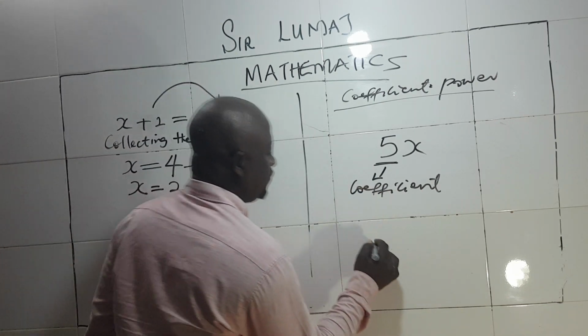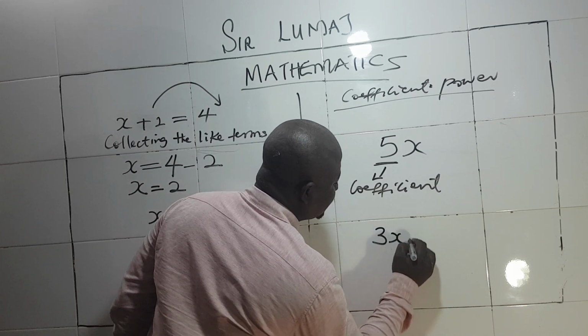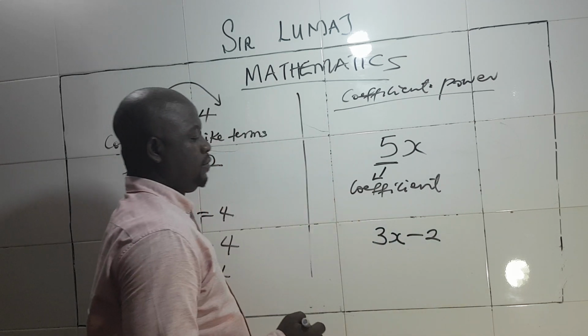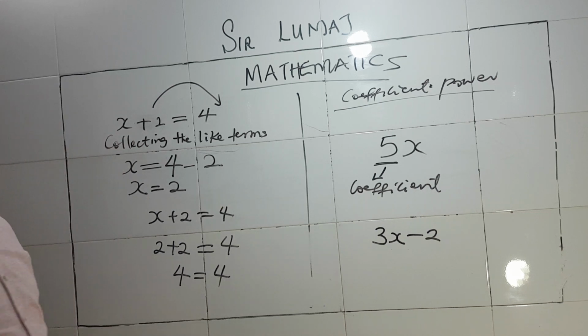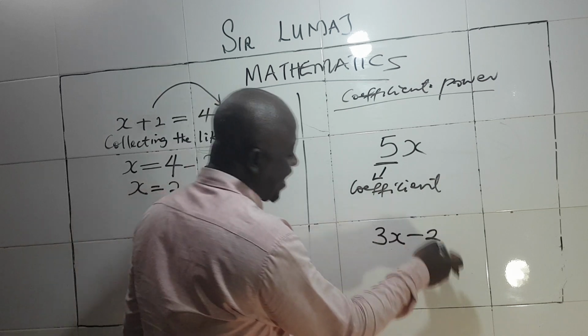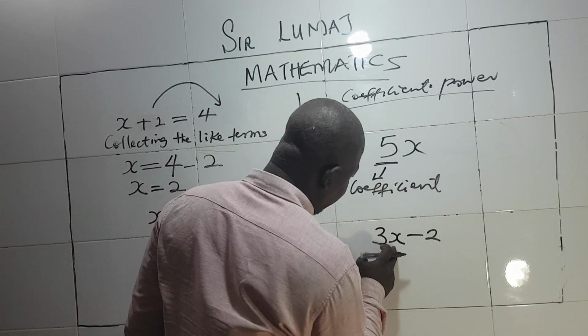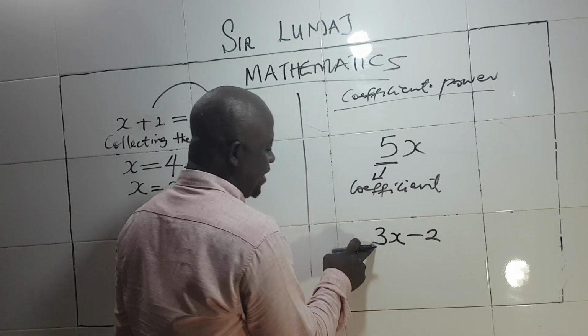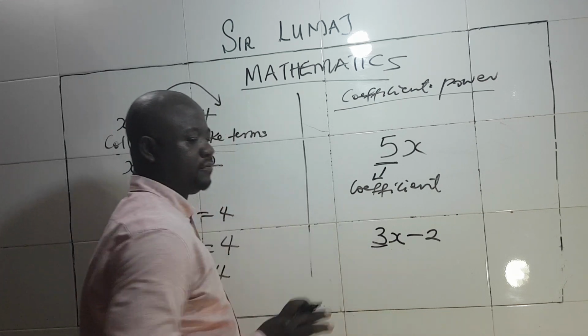Another one, if I have 3x minus 2, and I ask you, what's the coefficient of x here? The coefficient of x is the number beside the unknown. What is our unknown here? x. What's the number beside x? 3.